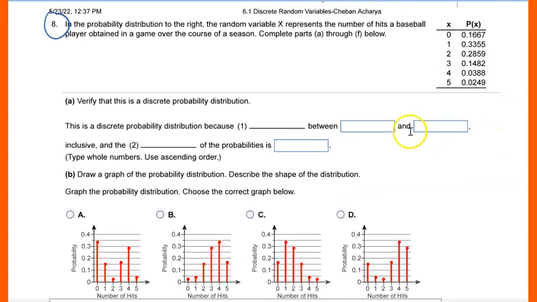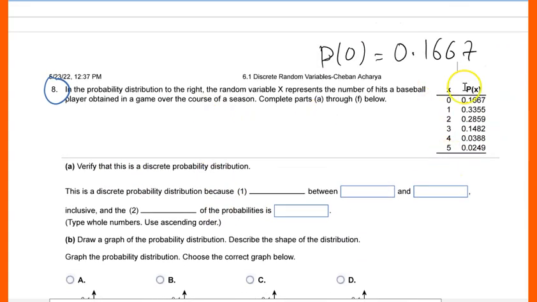And the first question is, verify whether this table represents a probability distribution. As I said, all these probabilities are between 0 and 1 inclusive, and if you add all these probabilities, your sum is 1. You do it by yourself, and that's why this is a discrete probability distribution.